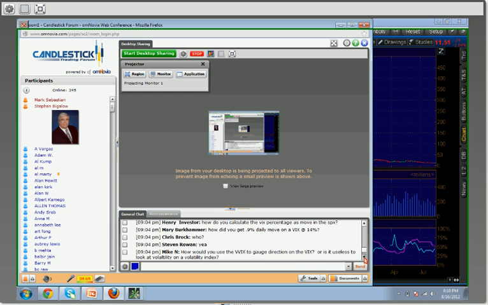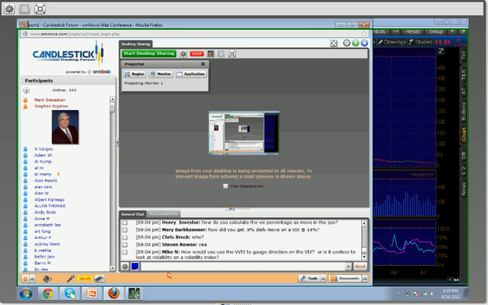How do you calculate VIX percentage as a move in the SPX? Pretty simple. All you have to do is, it is a standard deviation.